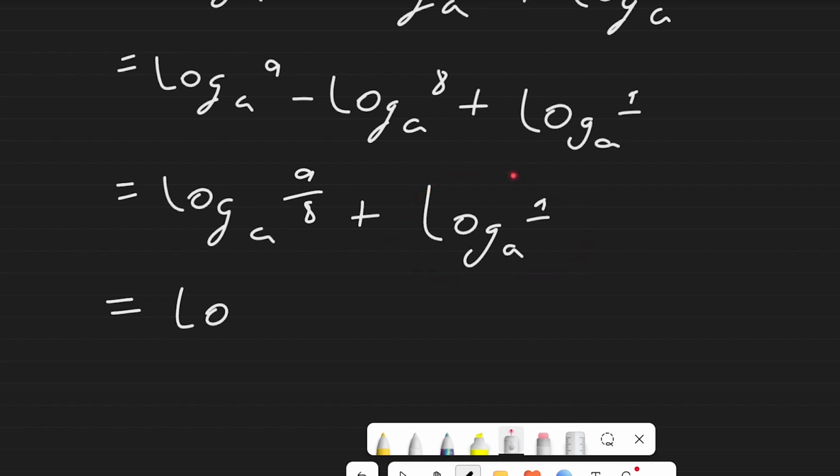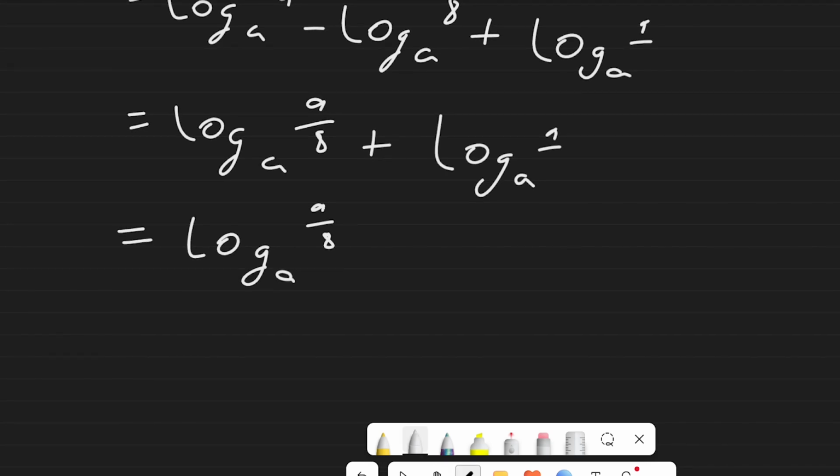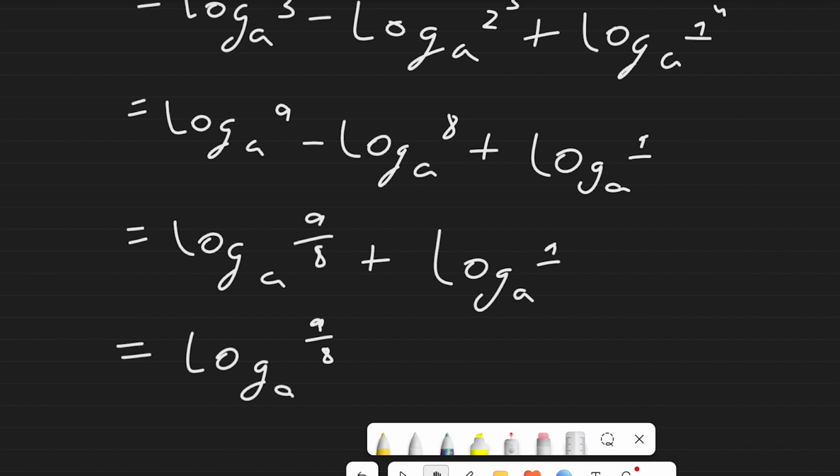Any base, anything, the answer is always 1. So that is why, no, that is not the rule, I'm so sorry. The rule is that if we have 1 as a base. Over here we'll simply multiply, right? Log of 9 over 8 to the base a, and that would be our answer, because times 1 won't affect anything, so we will write it as it is. Okay, so that is our fifth part.